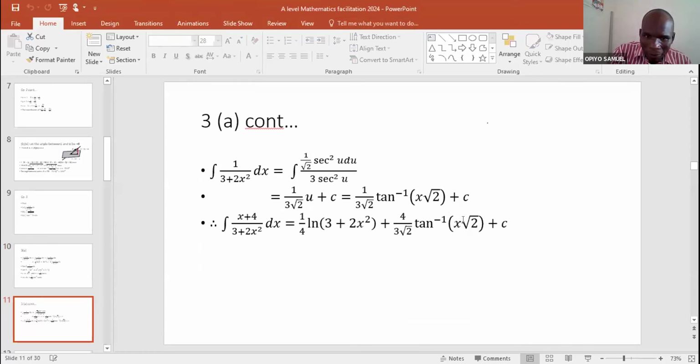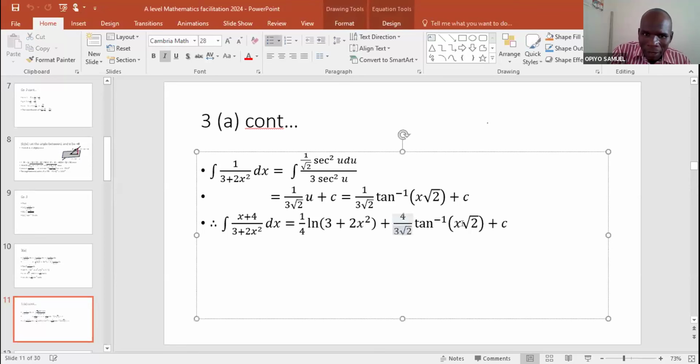Getting 4 out of root 6 tan inverse of root 2x plus a constant out of root 3. I've got your constant. It's 4 out of root 6 because root 3 times root 2 should give us root 6, right? I've got your constant. And that is okay.